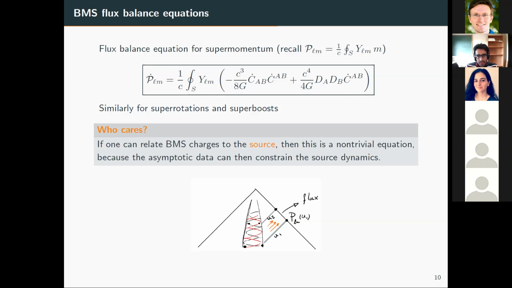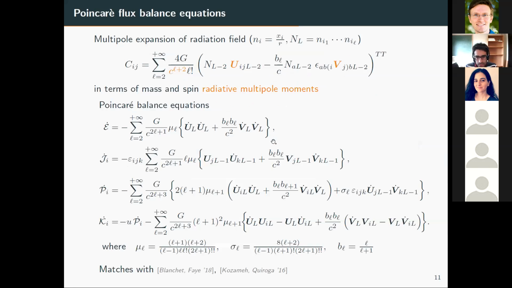If you can relate the BMS charges to the source of gravitational waves, then this equation becomes non-trivial, because it tells you how the source will evolve in time in terms of the radiation that you observe at scri plus. I will come back to a concrete example of this later on in my talk.